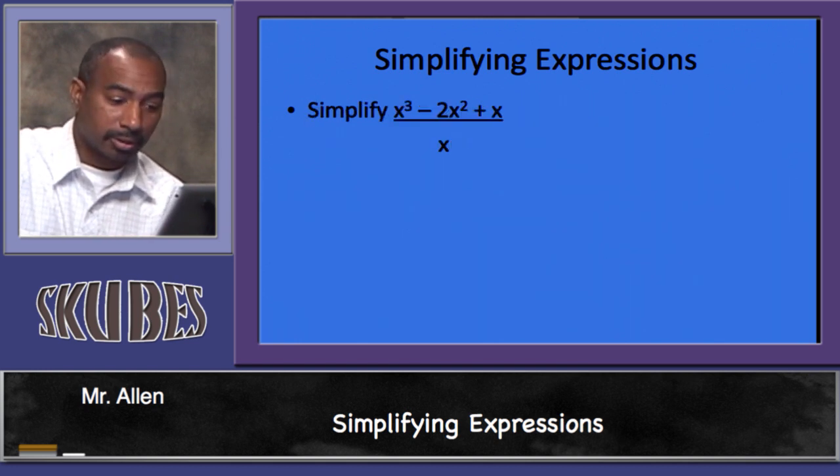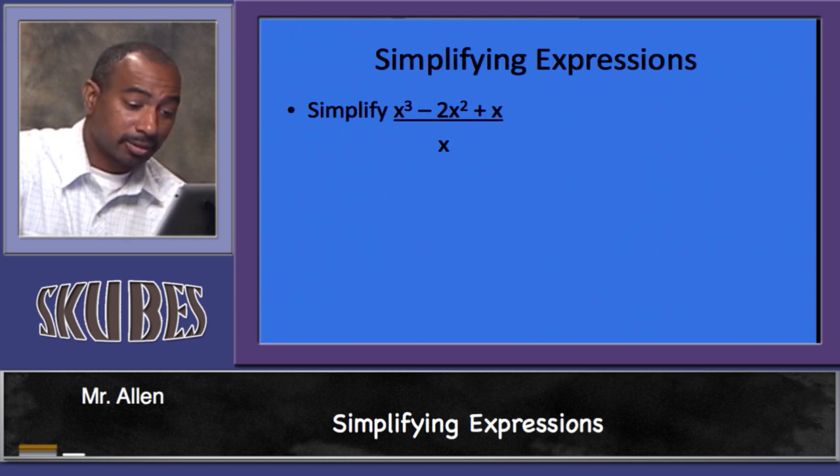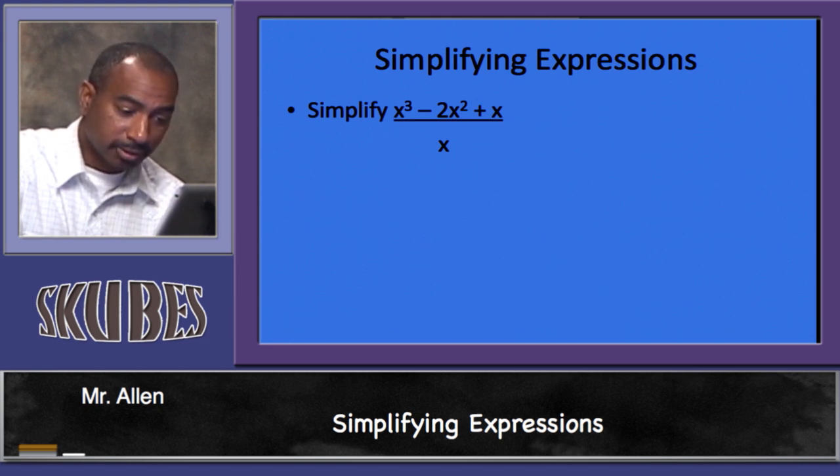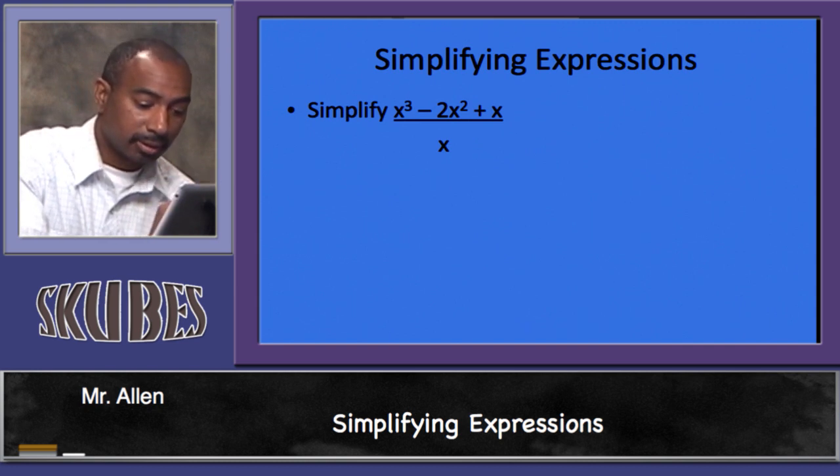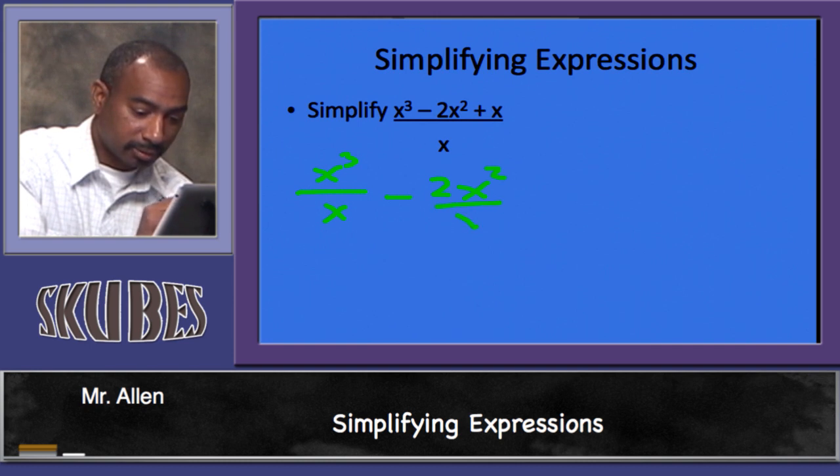You can do that with variables as well. If I want to simplify this expression, x cubed minus 2x squared plus x divided by x. That's the same as x to the third power, or x cubed, divided by x, minus 2x squared divided by x plus x over x.